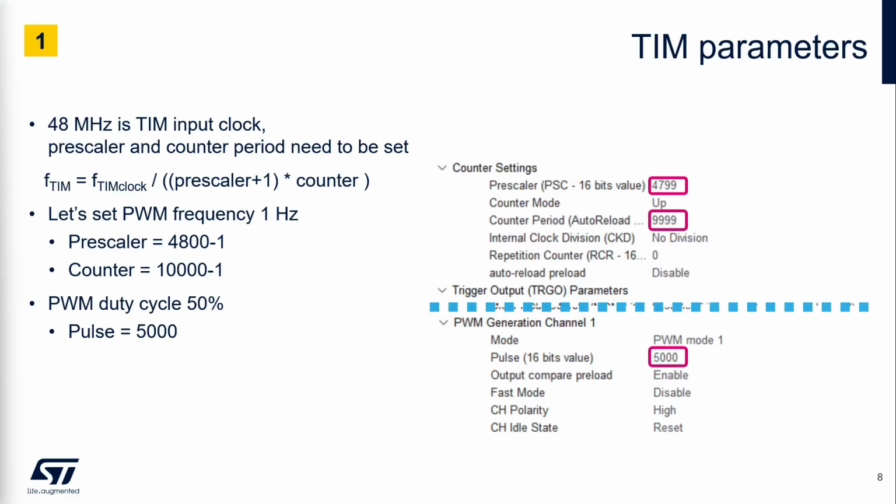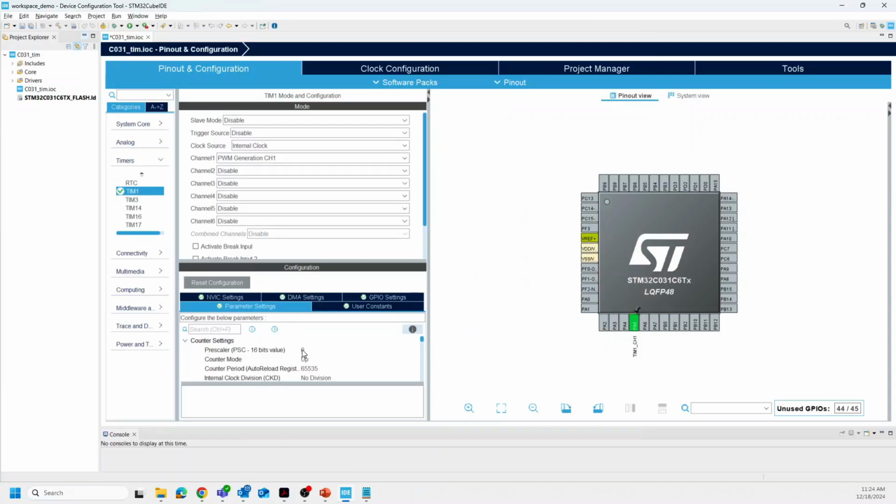Now we will set the timer for 1 Hz frequency and duty cycle 50%. Counter period 4999, and PWM with period 5000.